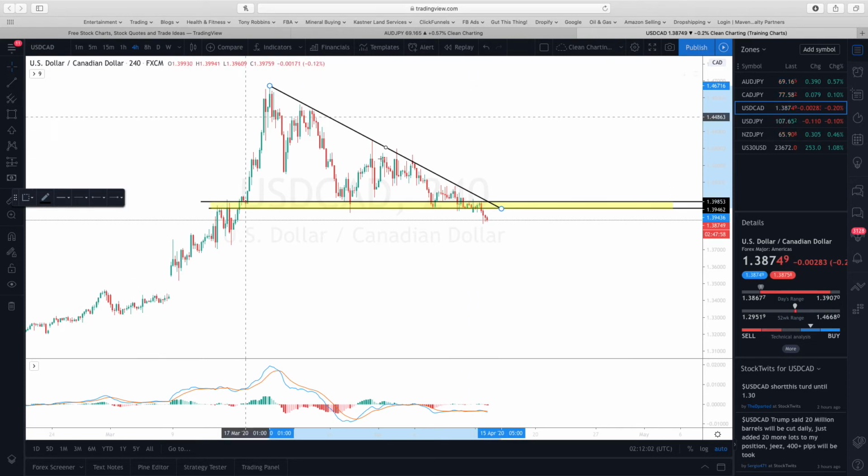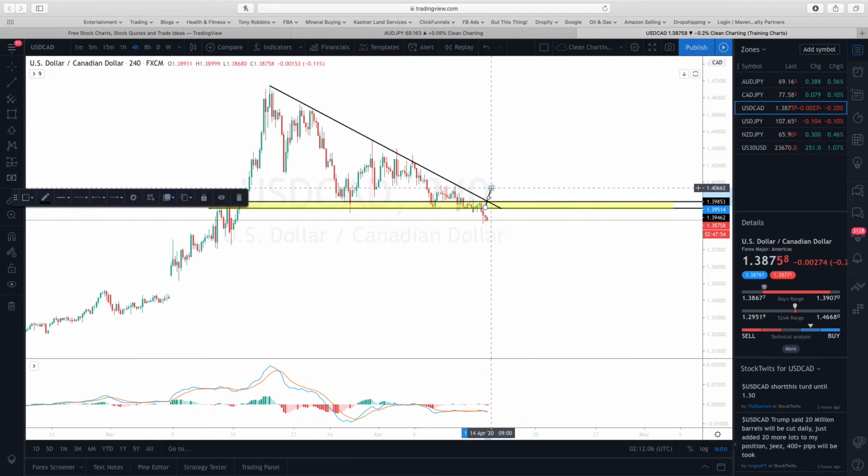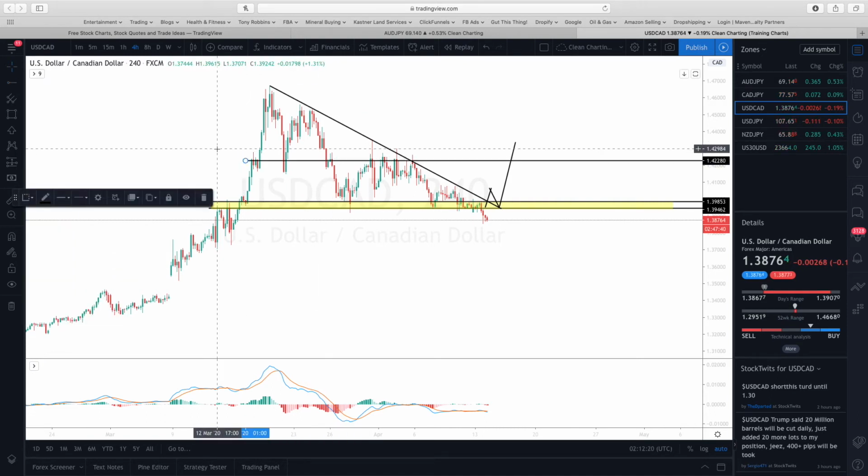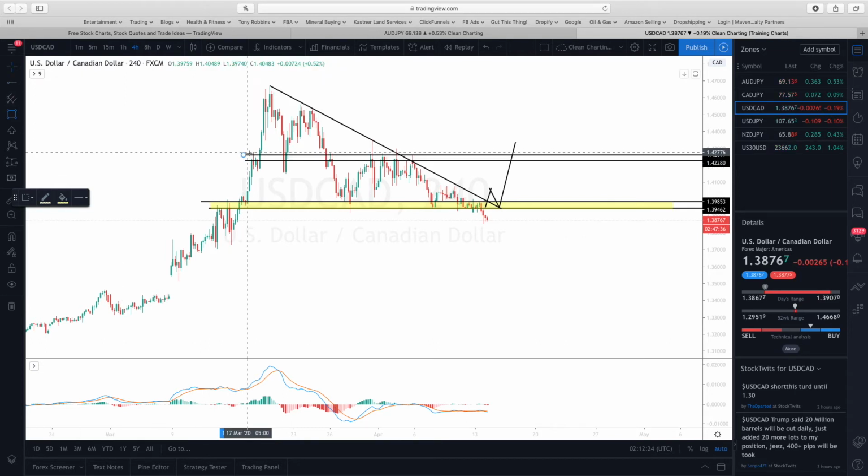But if we broke up through the trend line, retested the zone, we would be looking for buy opportunities to move up higher, in which we would have our next zone probably about right here. Lots of rejection from where price turned. Put it there, and then we draw our yellow box.